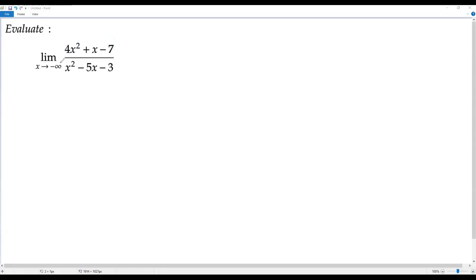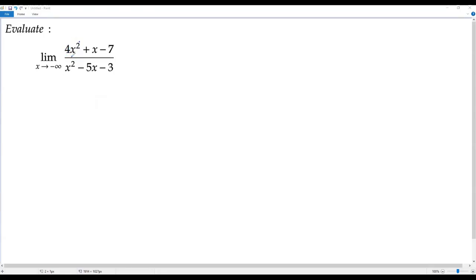Here x approaches negative infinity means x approaches a very large negative value. When I plug in a very large negative value for x², because of the exponent 2, it becomes a very large positive value. When multiplied by positive 4, again it is a very large positive value.